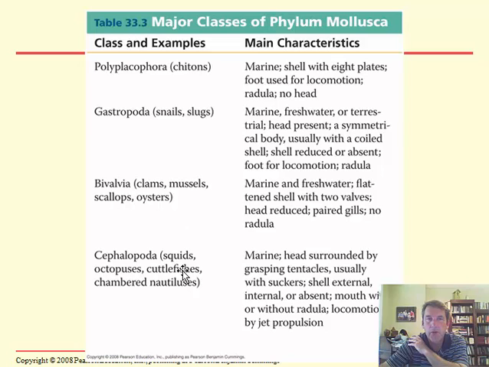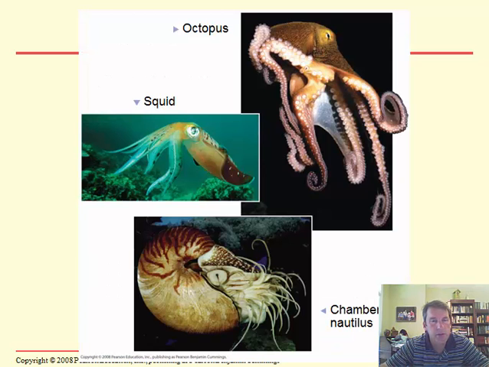Clams, mussels, scallops, and oysters. And then the last one there, the cephalopods. These include squid, octopus, cuttlefish, and some of these do not have a shell. Here's some of the examples of the cephalopods there. But that's the major classes of the mollusks.